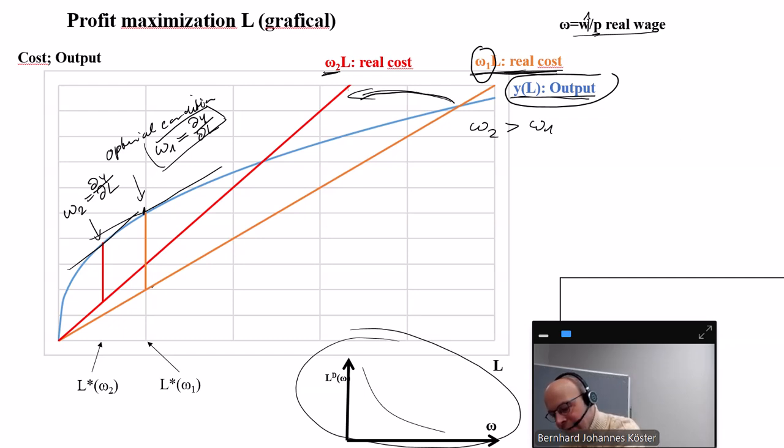If we then increase the wage rate, this is translated in our diagram into a tilt of the cost line, and therefore we move to the left with our optimum labor demand, and again we obtain this negative dependence of labor on the wage rate.